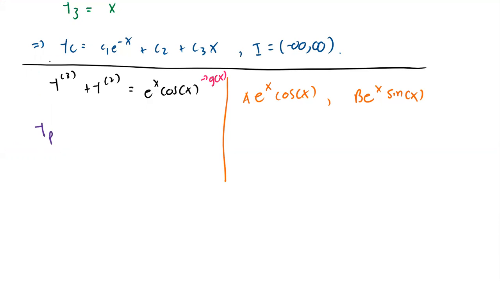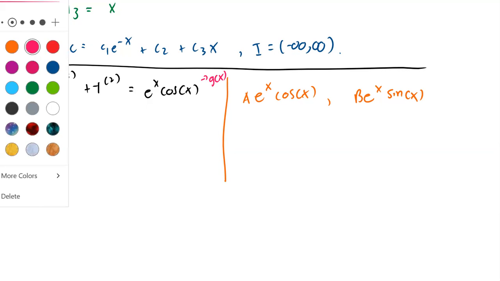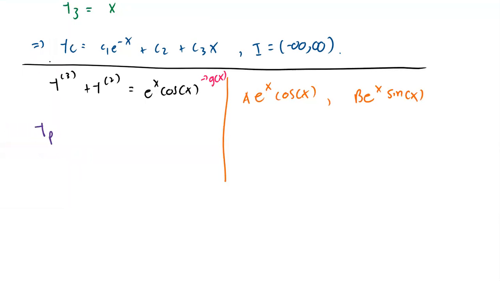Since those are the only forms of terms that we get from all possible derivatives, our particular solution is going to have the form some coefficient times e to the x cosine x plus some coefficient times e to the x sine x, where the coefficients are undetermined as of now. That's why it's called the method of undetermined coefficients. And then how do you determine these coefficients? You plug this into the ODE.